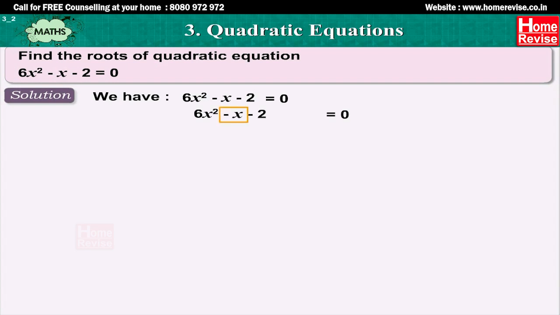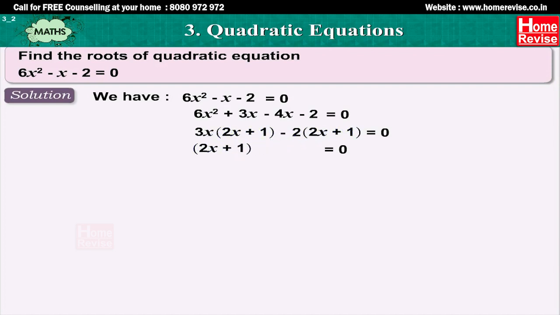We factorize the middle term and write 6x squared plus 3x minus 4x minus 2, that equals 3x can be taken as a common outside into bracket 2x plus 1 bracket closed minus 2 can be taken as a common outside into bracket 2x plus 1 bracket closed, that equals 2x plus 1 as a common into 3x minus 2.